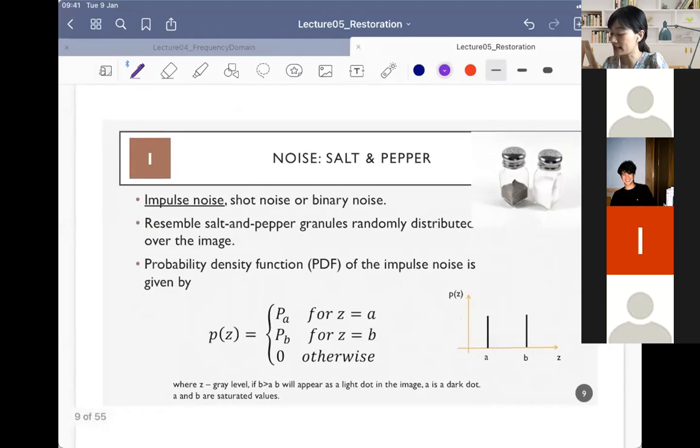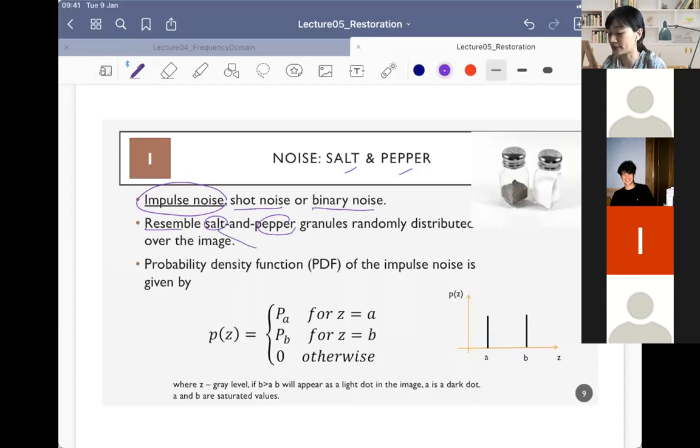So what is actually salt and pepper? The first one, salt and pepper, could be called the impulse noise as well. The impulse noise or the binary noise. It resembles salt and pepper.